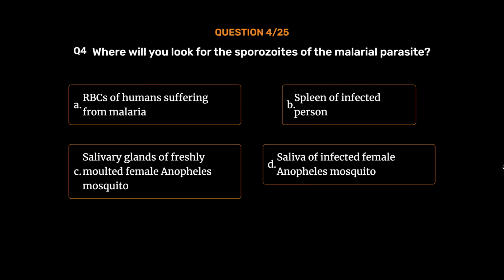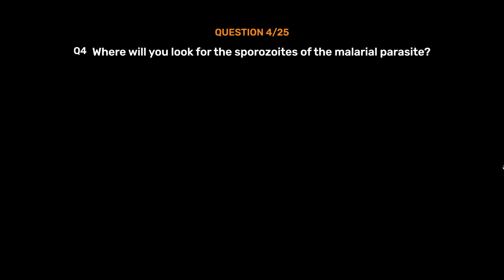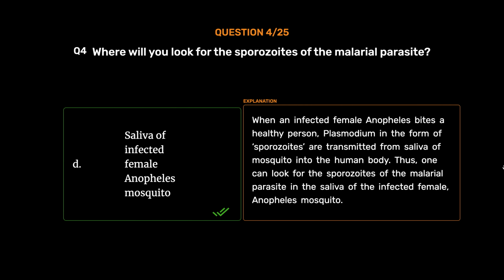The correct answer is Option D. Saliva of infected female Anopheles mosquito. When an infected female Anopheles bites a healthy person, Plasmodium in the form of sporozoites are transmitted from saliva of mosquito into the human body. Thus, one can look for the sporozoites of the malarial parasite in the saliva of the infected female Anopheles mosquito.